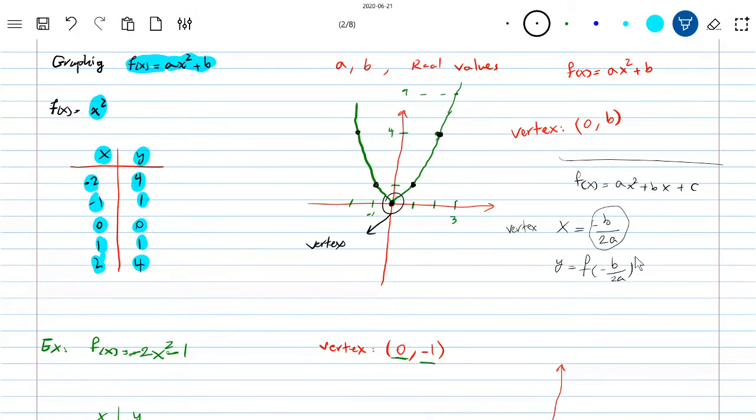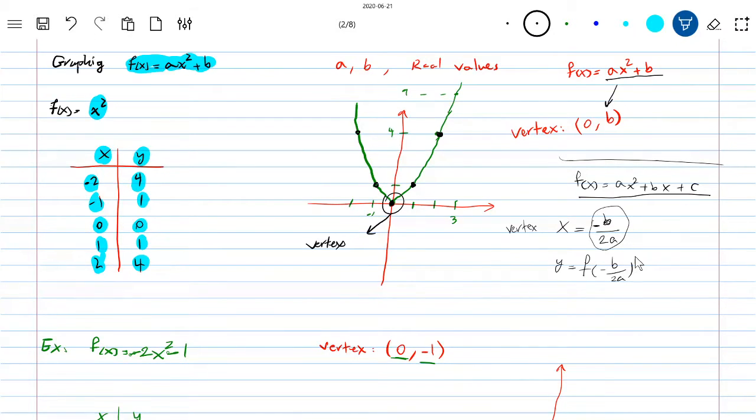So the vertex happens to be at 0 and 0 in this case. But originally for the function ax squared plus b, the vertex always happens to be at 0 and b. Okay. And there is a general case that if you have a quadratic function like ax squared plus bx plus c, the x value of the vertex happens to be at -b divided by 2a.